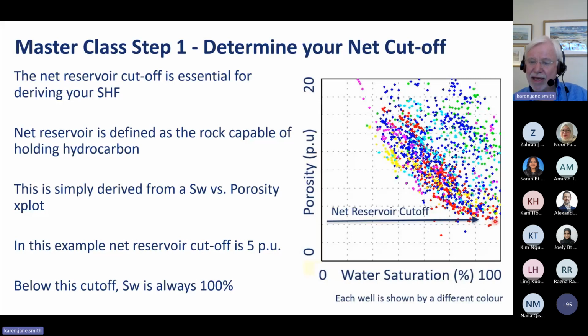So you can actually pick your net cutoff from this cross plot. So in this example, the net cutoff is 5 porosity units. And the significance is that there's nowhere in the reservoir where you've got porosity of 5 porosity units or less that you get hydrocarbon, even towards the top. So this net cutoff is important because the SWI functions only apply to the net reservoir, as I'll show you.